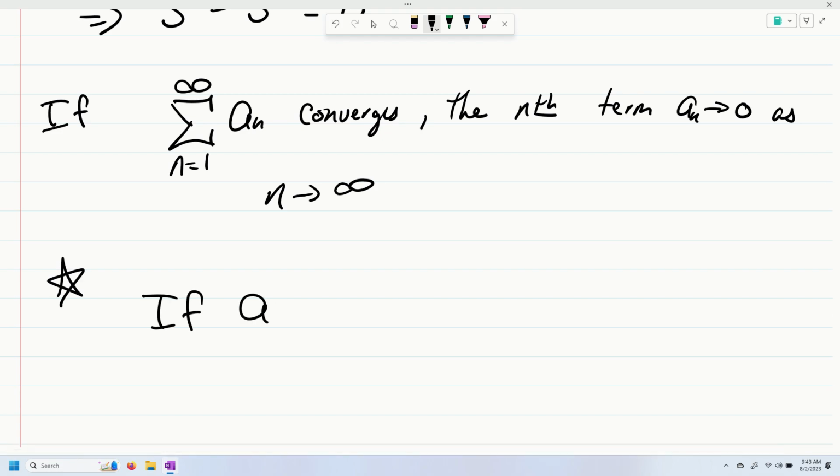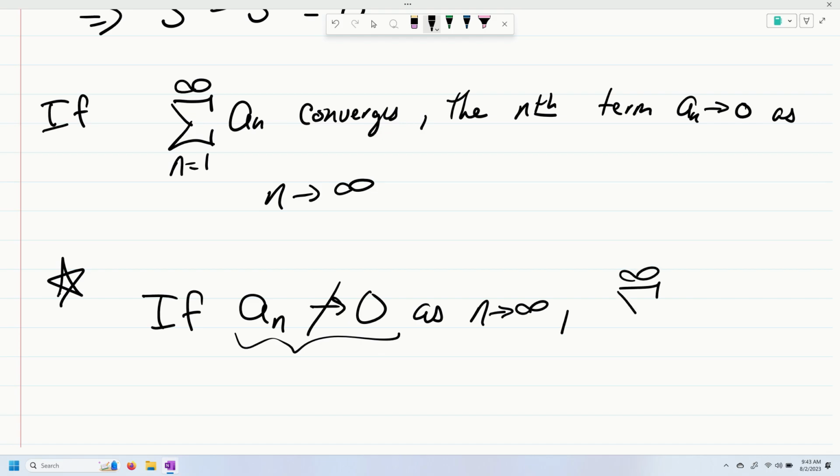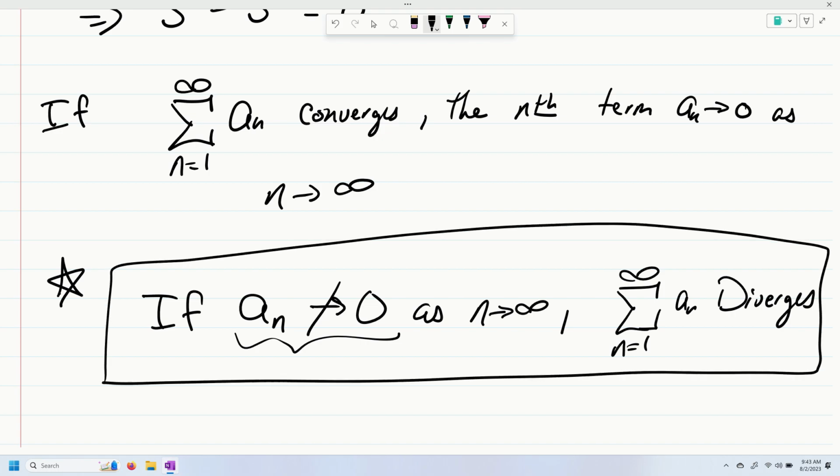If a sub n does not go to 0 as n goes to infinity, so the more terms you have, if they don't start to approach 0 as n gets larger and larger, then we know our series will diverge. And this right here is known as the divergence test.